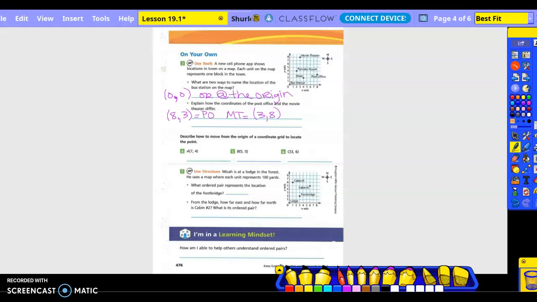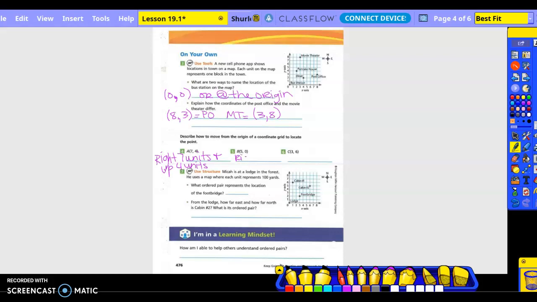Okay. So describe how to move from the origin of a coordinate grid to locate the point for A, 7, 4. So you would go which direction, right or left? Right. So right 7 units, and what? Up 4 units. Okay, 5, 0.